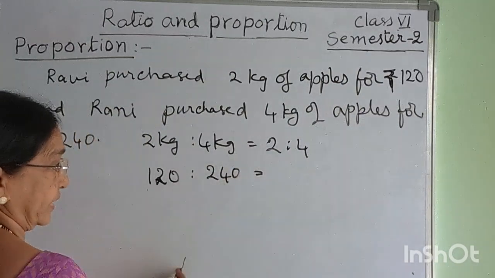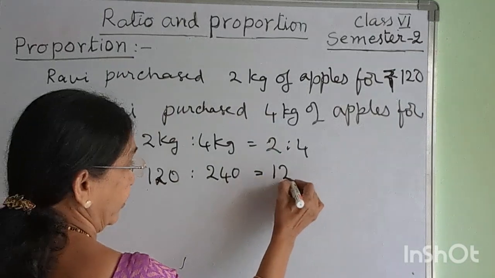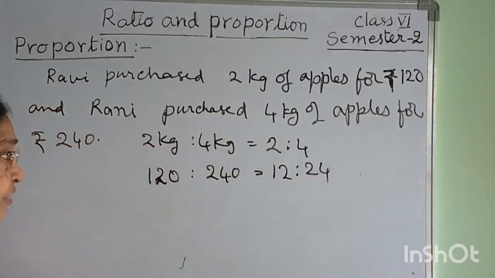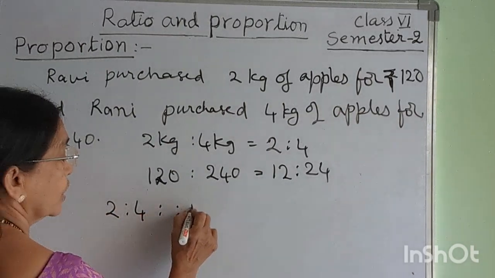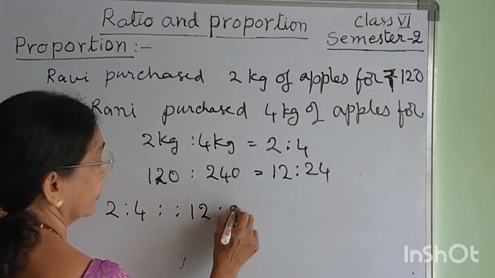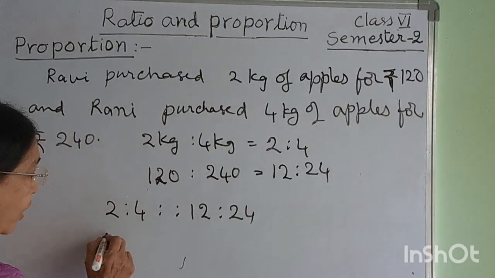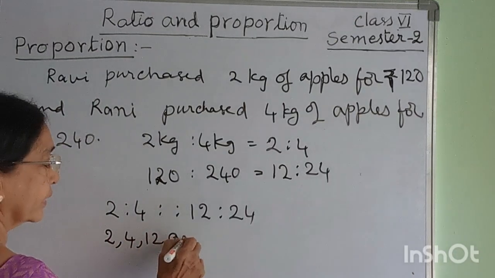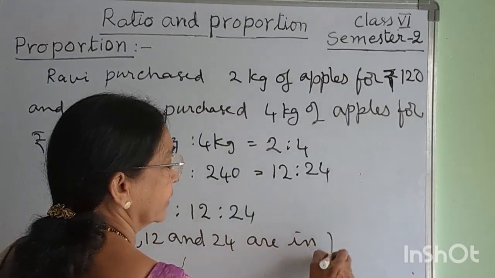Simplifying it, first dividing by 10, we get 12:24. As the two ratios are equal, they are said to be in proportion. 2:4 is as 12:24, or we say 2, 4, 12 and 24 are in proportion.